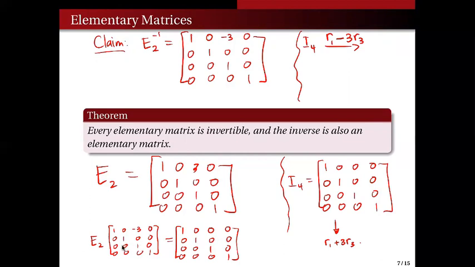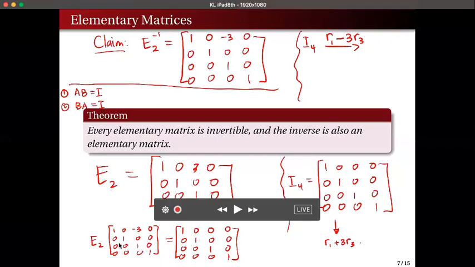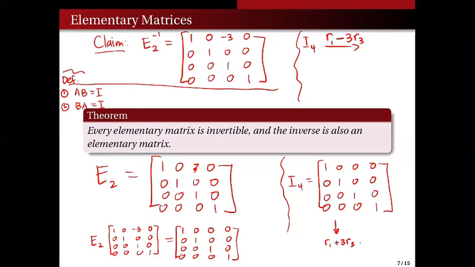So we're done with the first part of the verification using the definition. And in fact, I think I mentioned this before, it's enough to check one part. Okay? So what am I saying there? In the definition of inverse, condition 1, AB equals I, condition 2, BA equals I. So this is from the definition.